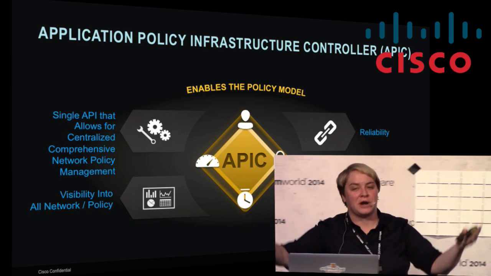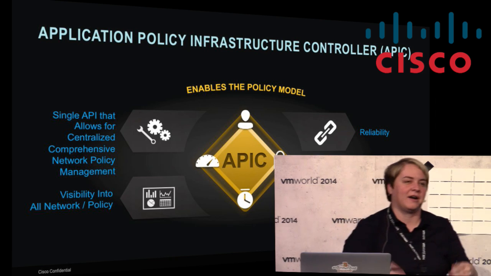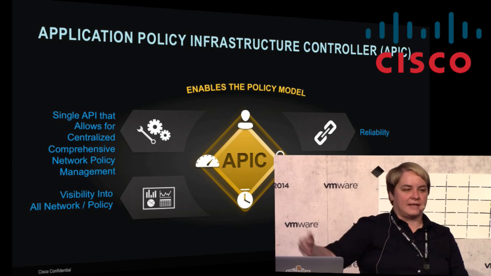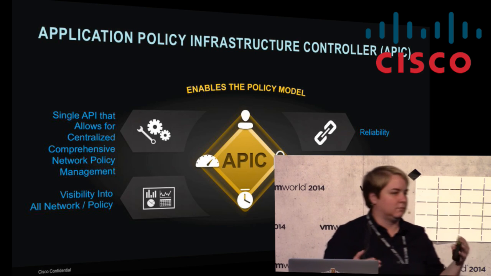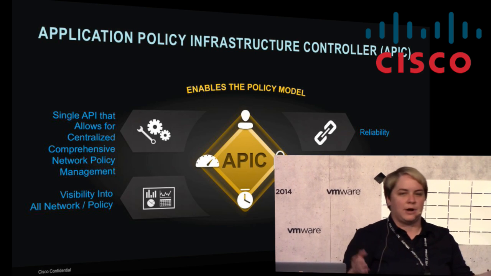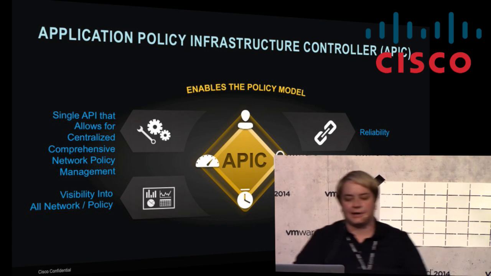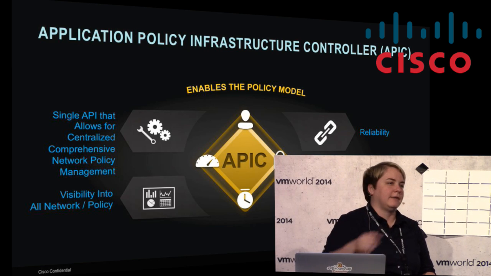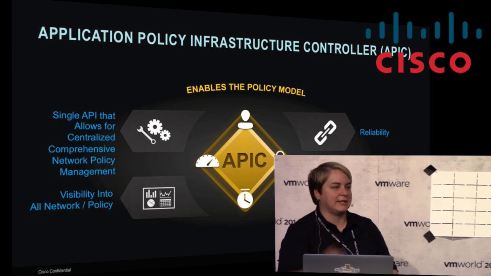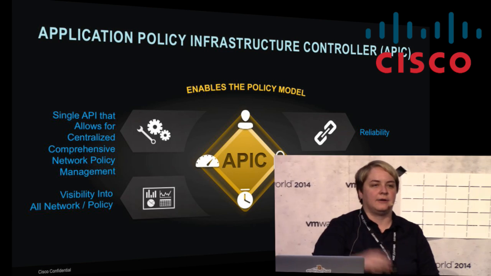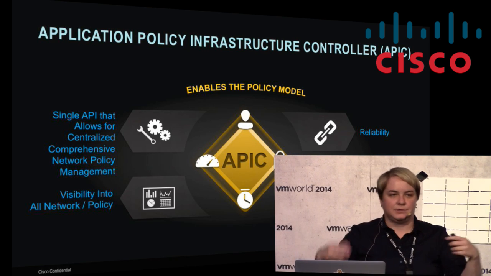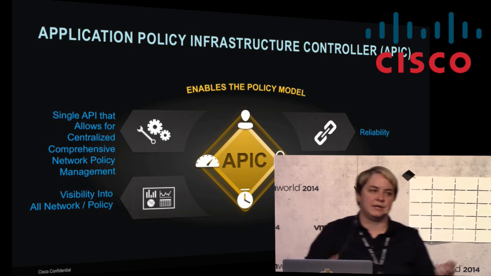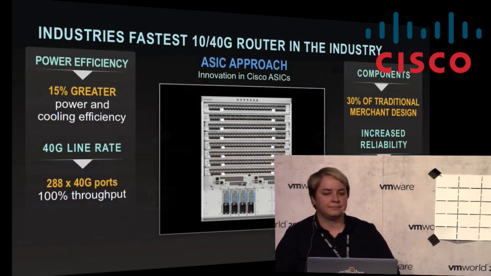Of course, we can have more APICs depending on the size of our network, but that's the minimum. If you have a dev environment, you could probably get away with 1 APIC if you don't care if it goes down. We get that scalability. We can add on to our leafs and spines, which I'll get into as well, to scale ACI out the way we need to for our environment.